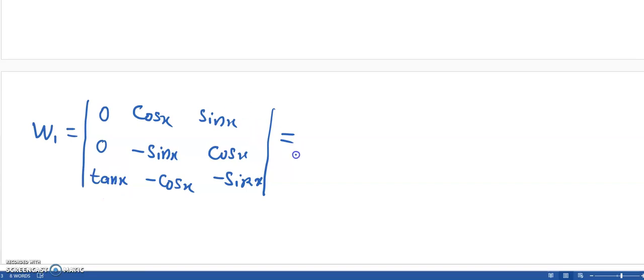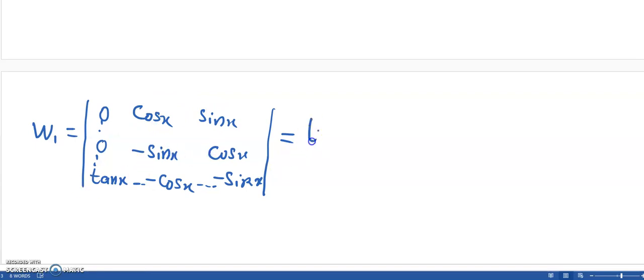For this, these are the rows and columns we will remove, and then the remaining area is this: sine x, cosine x, sine x, sine x. But we have to be sure about the sign, which will be multiplied. So it is plus minus plus, minus plus minus, plus minus plus.